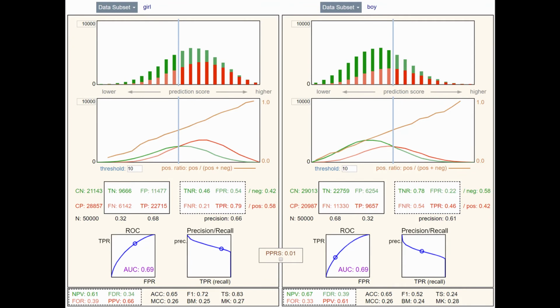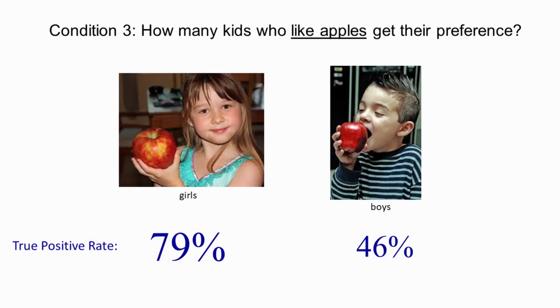We can look at the confusion matrix from the point of view of true positives and true negatives. The true positive rate for predicting girls to prefer an apple snack is 0.79, while for boys, it's only 0.46. So if you like apples, you might say that girls are advantaged because the girls who want apples get them 79% of the time, while the boys who like apples get them only 46% of the time.